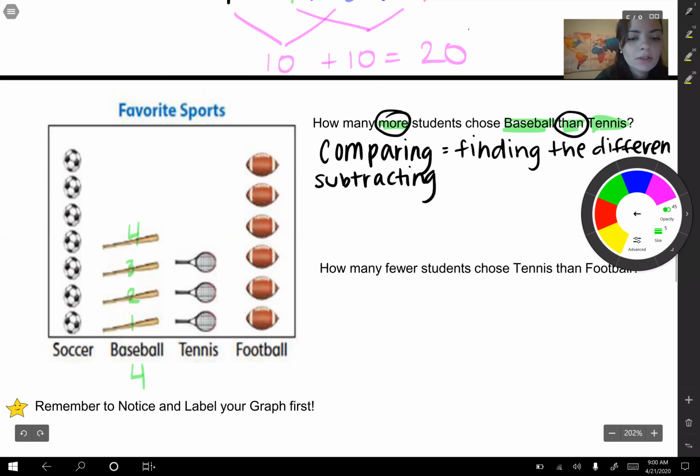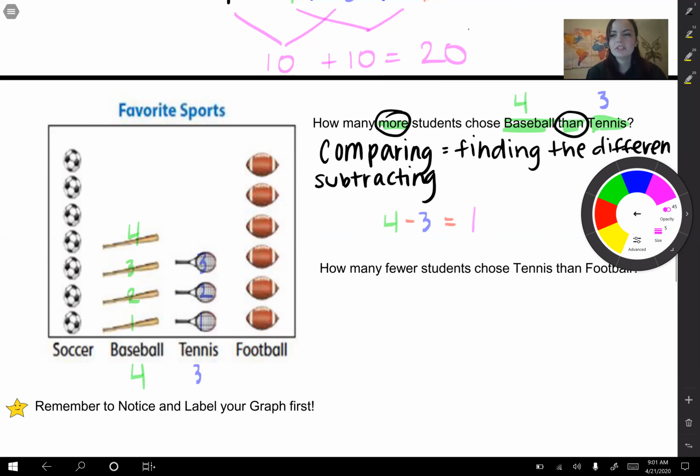Tennis, 1, 2, and 3. Okay, and I like to write my numbers here so that I don't forget them. Baseball, 4, tennis, 3. So when I'm going to find the difference, I'm going to subtract. I'm going to do 4 minus 3 equals, and everybody hopefully should know this, 1, right?